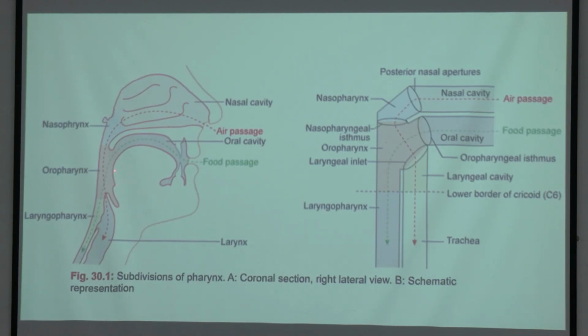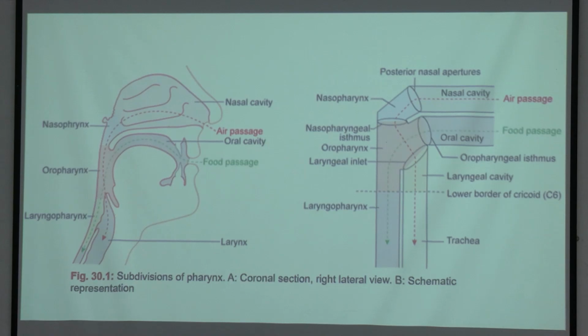The tongue is raised by the palatoglossus muscle, and there are several muscles: palatopharyngeus, stylopharyngeus. Ultimately the tongue is elevated and this area gets blocked in the second stage of deglutition.